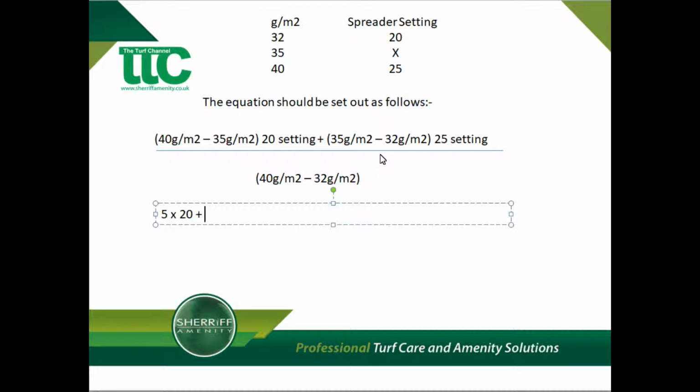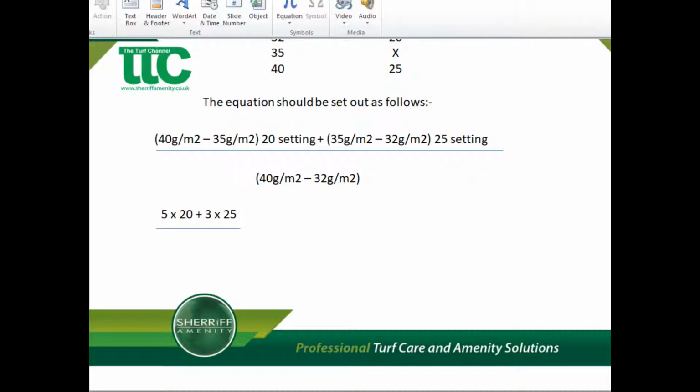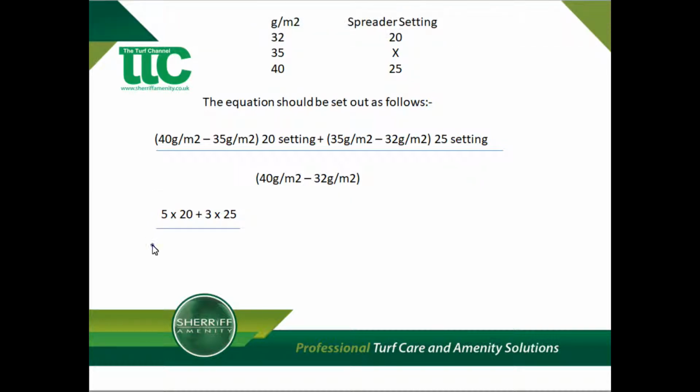So it's 35 minus 32, which is 3. So it's 3 times the highest spreader setting, which is 25. And this should be divided by 8, which is the difference between the top grams per meter squared and the lowest grams per meter squared.